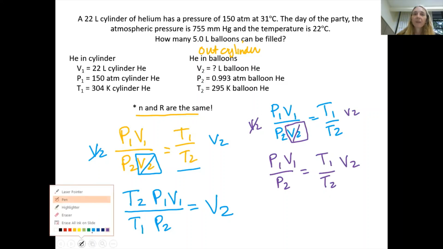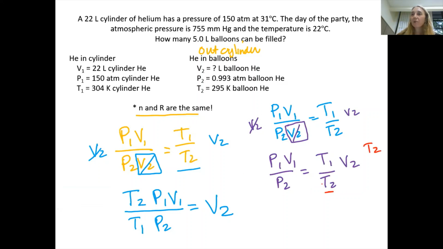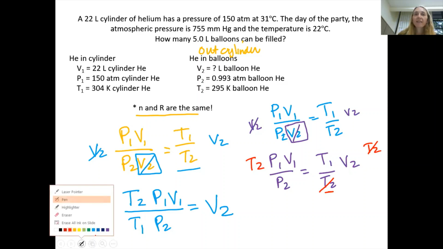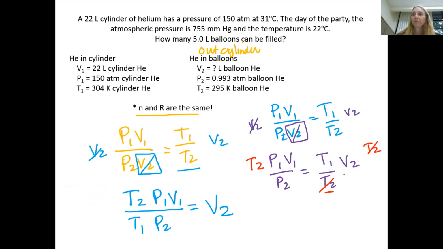Okay. Next, I need to get this on this side. So if I multiply both sides by T2, it divides there, and I put T2 on the top. Now I have T1 V2. So what I'm going to do next is divide both sides by T1.